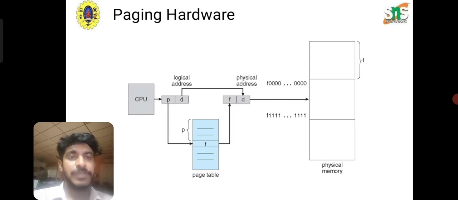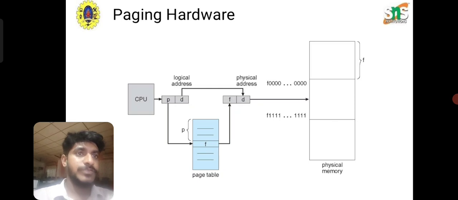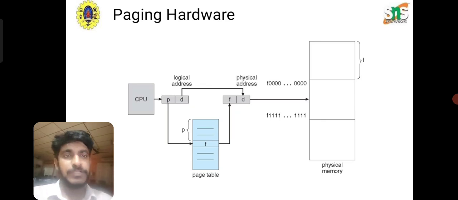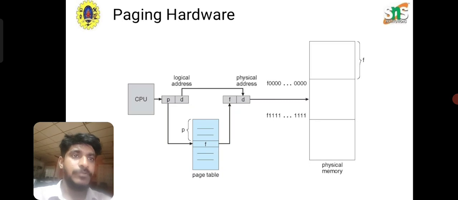The CPU is connected to the page table, which is then directly connected to the physical memory. So in between the logical address and physical address, the process is transferred from the CPU to memory.